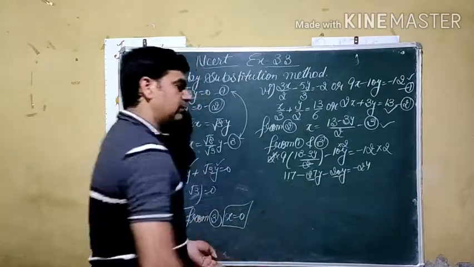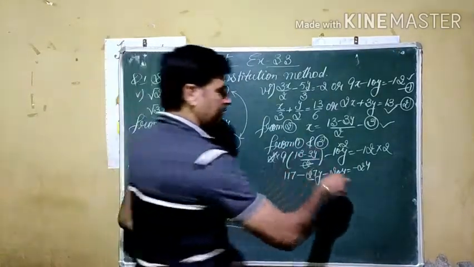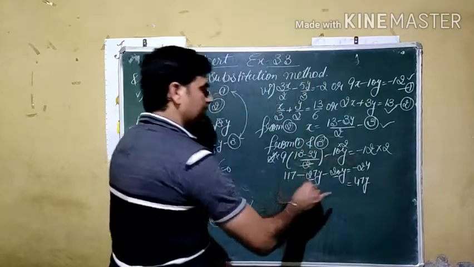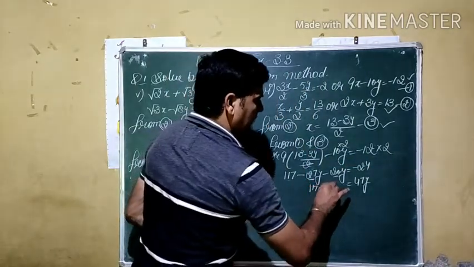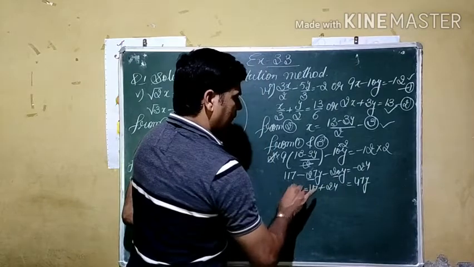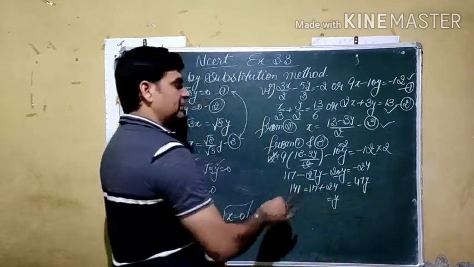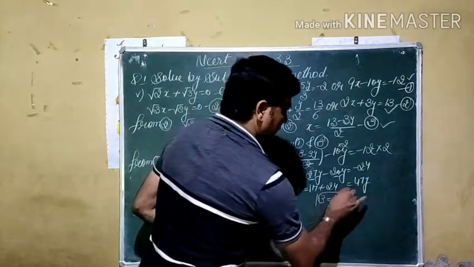These two have the same sign, add up to minus 47y. On the right side it becomes plus 47. It becomes minus 24, on the left side it becomes plus 24. So from here it becomes 141. Shifting 47, it becomes divide. In the table of 47, it comes out as 3.